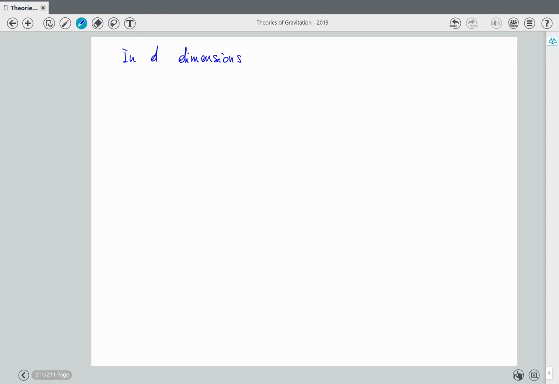And in d dimensions, a vector has d minus 2 helicities. A graviton has d times d minus 3 divided by 2.